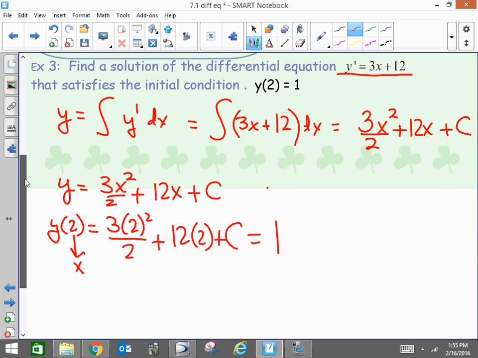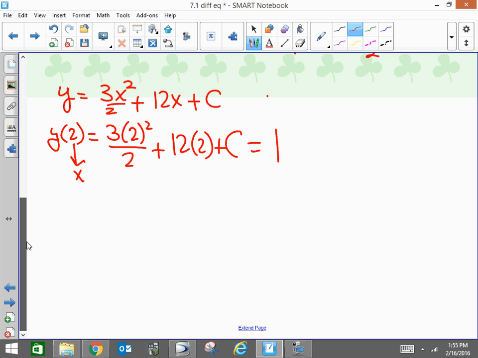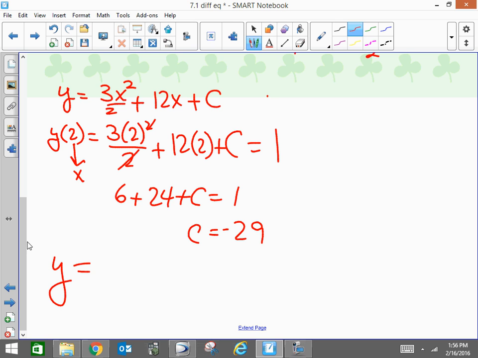Because that was the initial value, 2, 1. All right, so what does C equal? We got 6 plus 24 plus C equals 1. What's C? Negative 29. So y, the solution is y equals 3 halves x squared plus 12x minus 29.